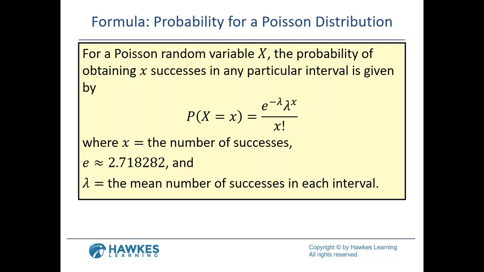Now, x is going to be our number of successes. e is already known to us, e is 2.71828, and so on. It's like pi, e is Euler's number. And then we've got lambda there, which is the mean number of successes in the interval. And don't forget, you can also assume this notation is basically our mu, okay?